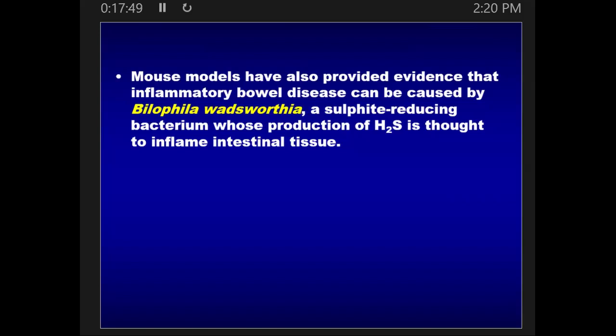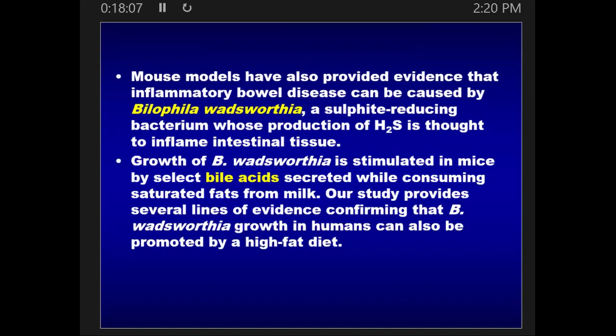If Bilophila is doing its thing, what tends to happen is one of the products it makes during its physiology is hydrogen sulfide gas, which is toxic to any living organism. You don't want to be exposed to high levels of H2S. And so that's inflammatory. And then bile acid too.